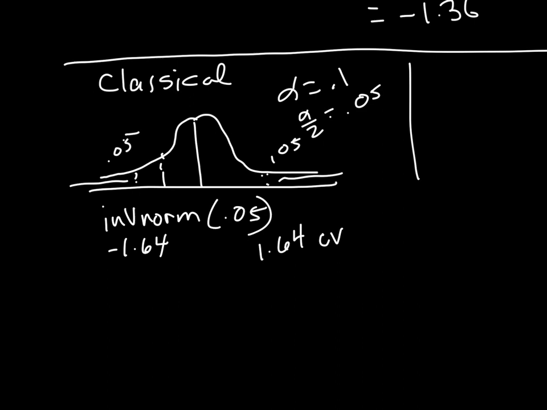So the test value is not in the shaded region, so we do not reject H0.